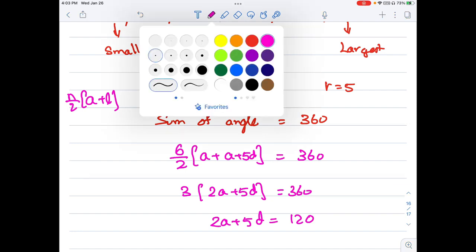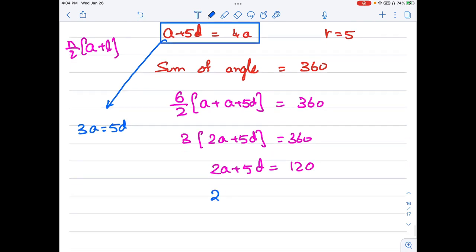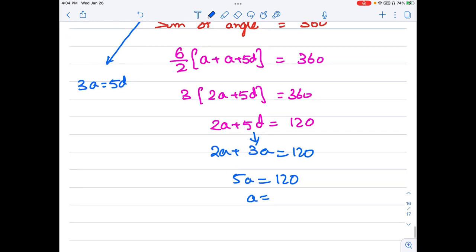From here, the condition has been given as a plus 5d is equal to 4a. From there, I can get it as 3a is equal to 5d. So I can replace 5d with 3a. 2a plus 3a is equal to 120. So 5a is equal to 120. a is equal to 24. a is equal to 24 degrees.